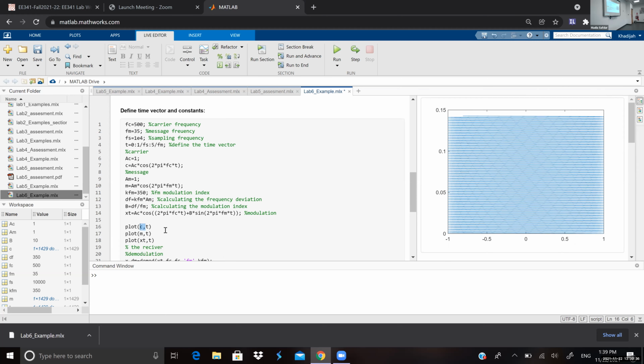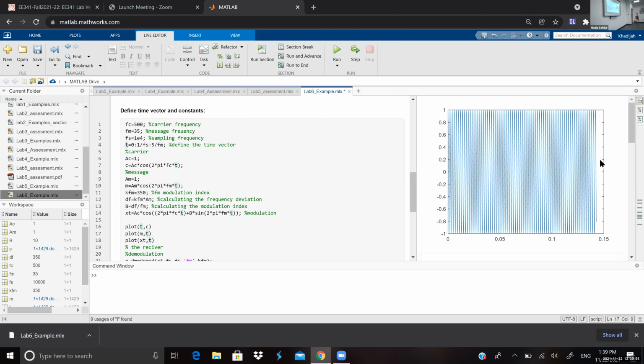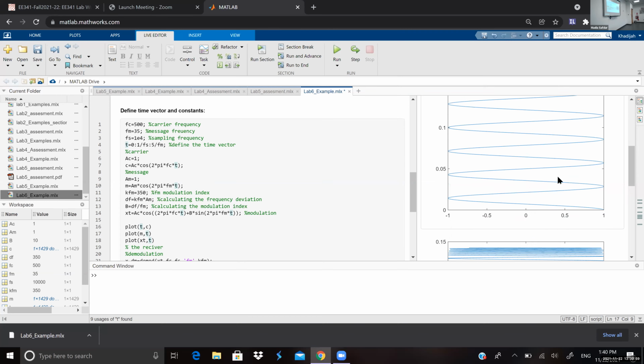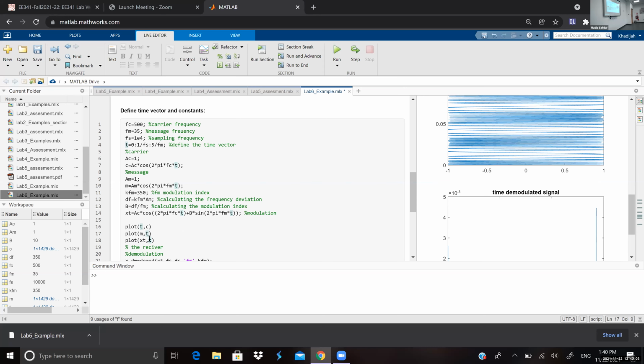This should be t with C, t and then... so yes, Khadija, you can do it yourself. So t first, x will come and then... See, this is fine now. Write t and m, this plot I want. Okay, change it.